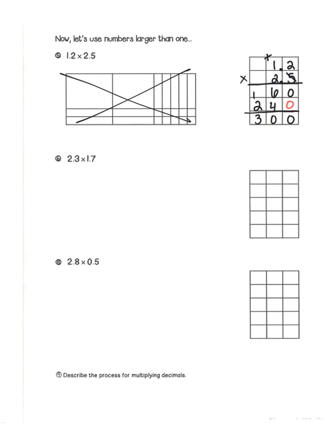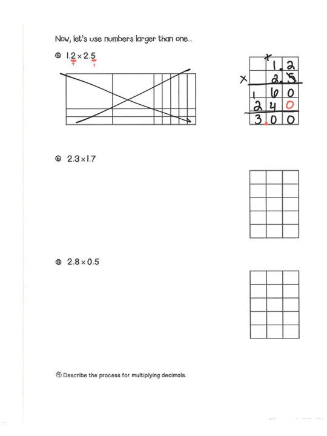Okay, so the big difference between multiplying decimals and multiplying whole numbers is that decimal point, right? So now I need to figure out where my decimal point goes. The rule here is when you look at the two numbers you're multiplying, this number has one number after the decimal point. This number has one number after the decimal point. So my answer will have two numbers after the decimal point because you combine that.